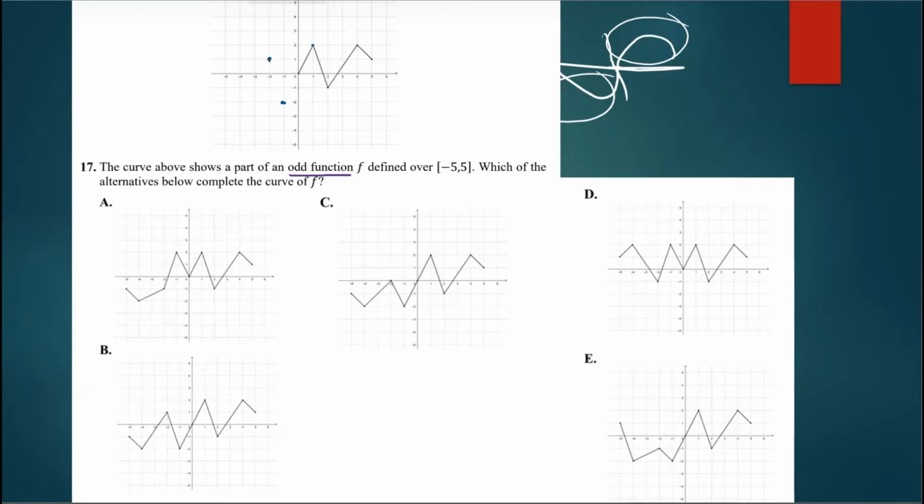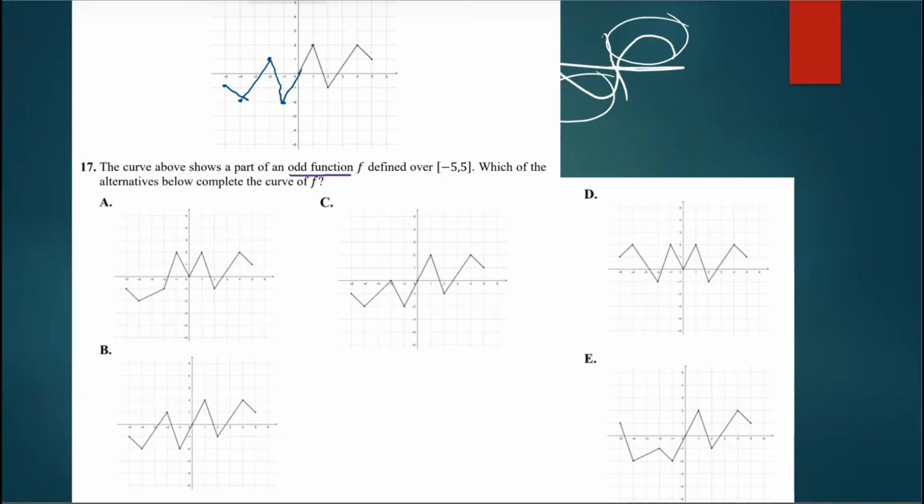So each point x and y will be reflected to -x and -y, both in opposite sign. Here 4 and 2, so it will be -4 and -2. And 5 and 1, so 5 and -1. So I think it should go this way. This is the solution. Can you see that here among the choices?